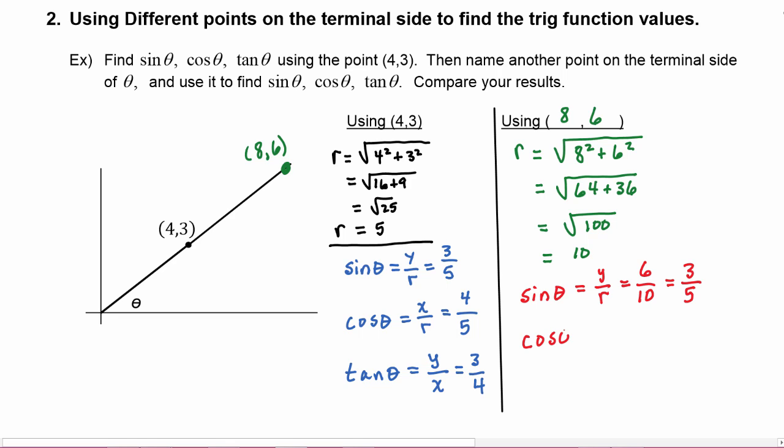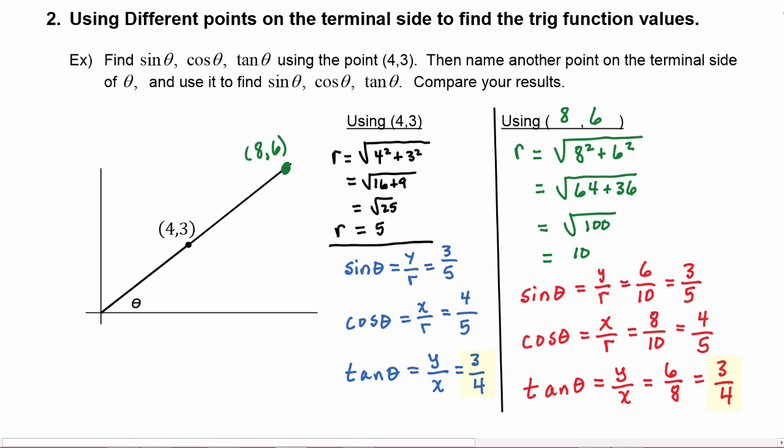Cosine theta is equal to x over r, so that's going to be 8 over 10, which reduces to 4/5, same value that we had before. And finally, tangent of theta is equal to y over x, which is equal to 6 over 8, which reduces to 3/4.